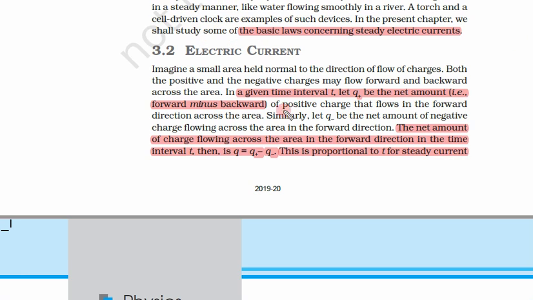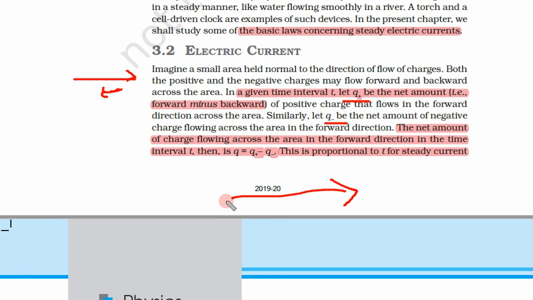So now in a given time interval t, Q positive is the net amount of forward minus backward positive charges, the positive charges that have moved towards the right side, and Q negative will be the net negative charges which have moved towards the right side.